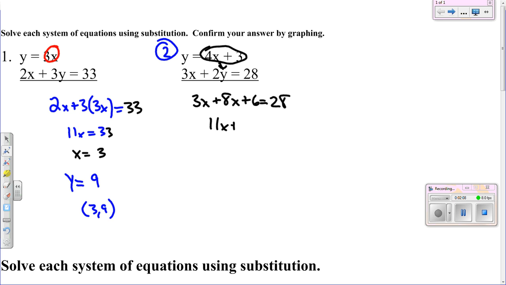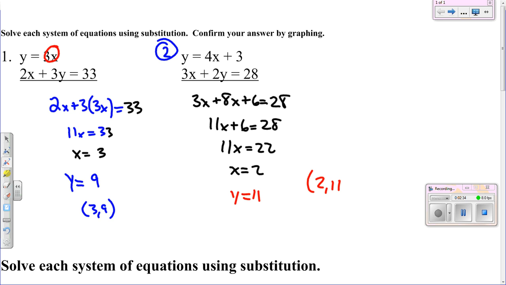Gives you 11x plus 6 equals 28. 11x equals 22. Divide by 11, x equals 2. Take that 2 and plug it back in for the first equation. 4 times 2 plus 3 is 11. So your answer should be 2, 11.